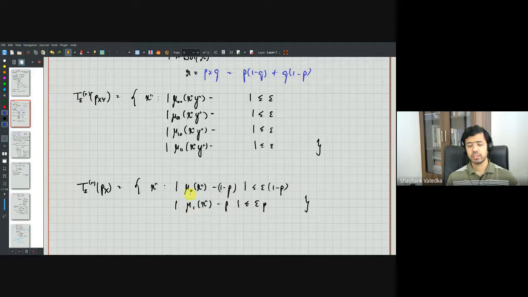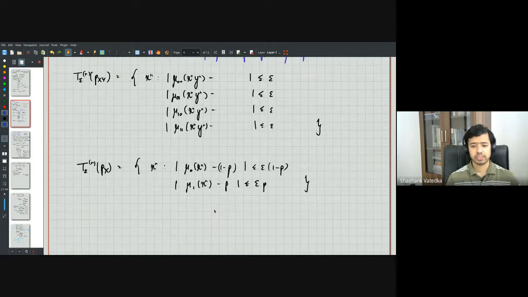So in other words, the fraction of zeros is close to 1 minus p, and the fraction of ones is epsilon close to p. All right. So what does this say in terms of the Hamming weight? What can you expect the Hamming weight of xn to be close to?